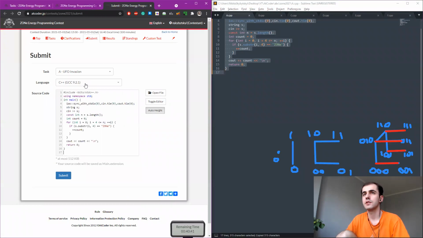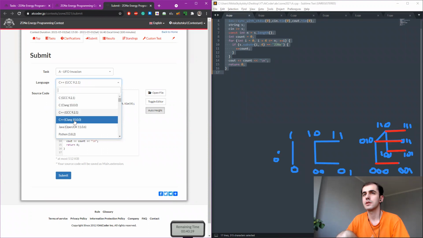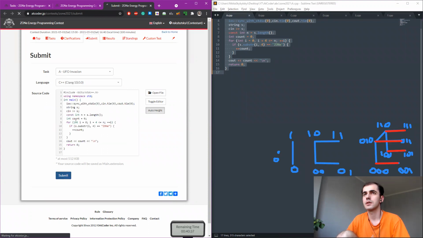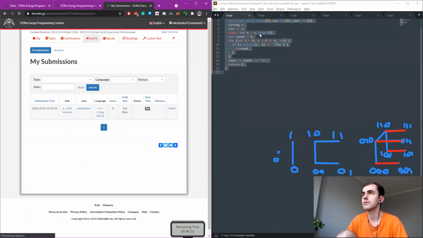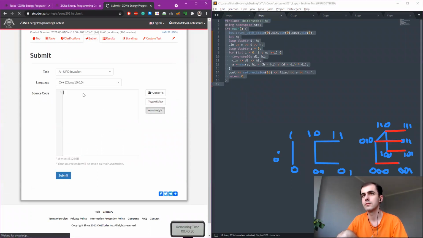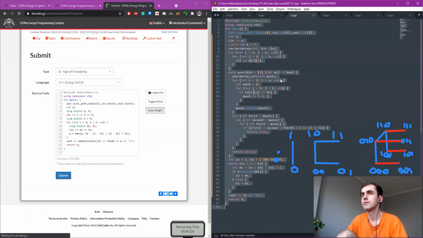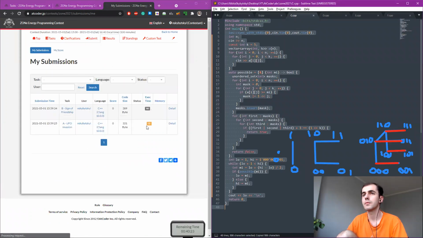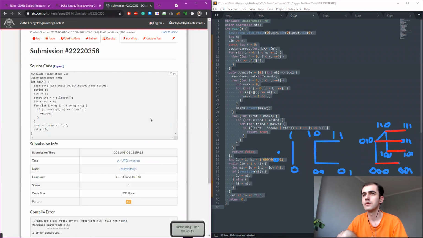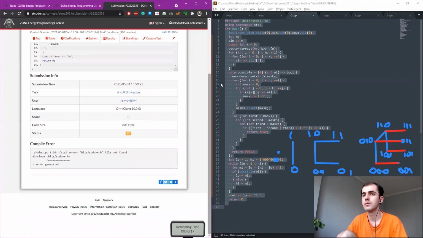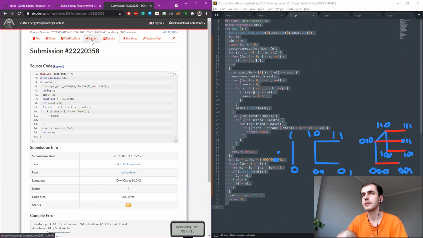Problem A, GCC, do I want GCC or clang? Oh, it's GCC specific. Oh my goodness.